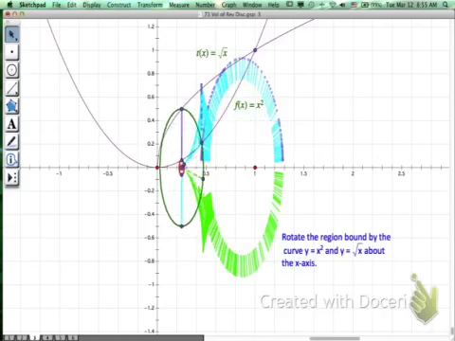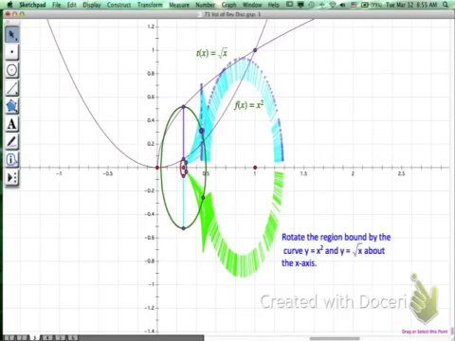If I move to another spot on my graph, you should notice that the ring's going to look a little bit different. Notice that the inside is very small, the outside is wider. Overall, the ring is smaller, but it's much wider. This is a much more narrow ring, and so the area is going to be very different at each point here.